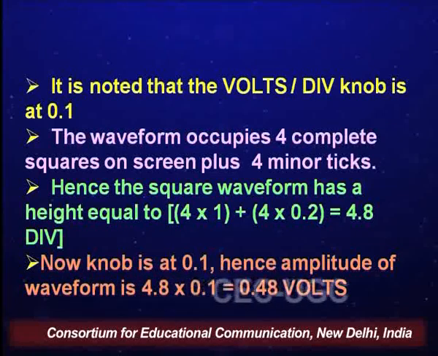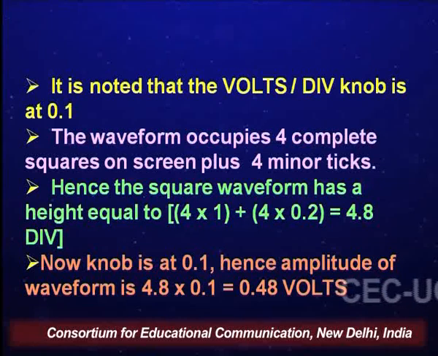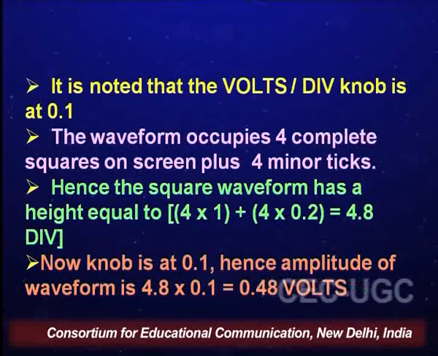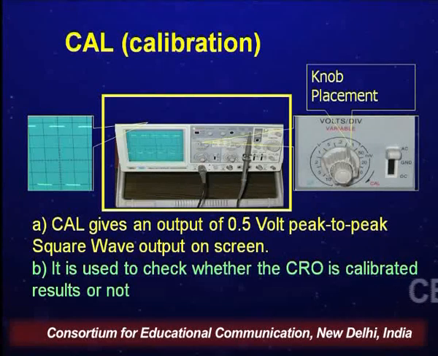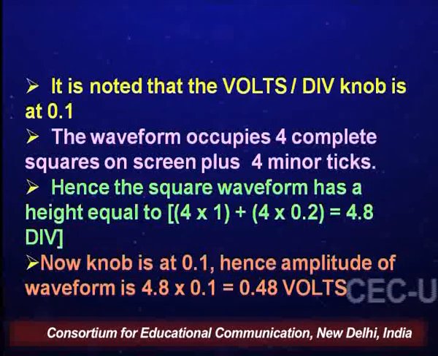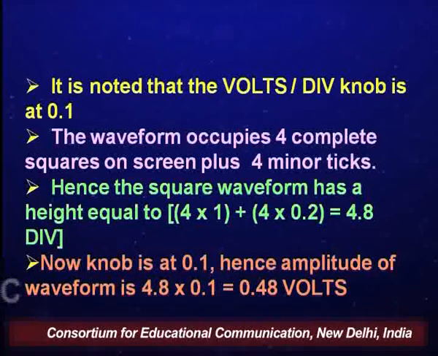As shown in the previous slide, we have a waveform and we can read it. We can see what the units are. With this, we can see that the units on the waveform, where the knob is placed, is 0.1 volt per division. So we find how many divisions.